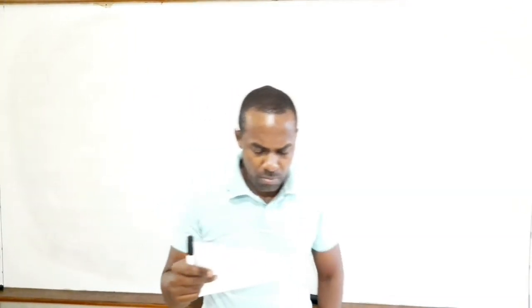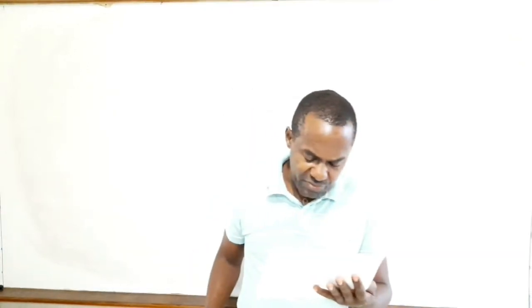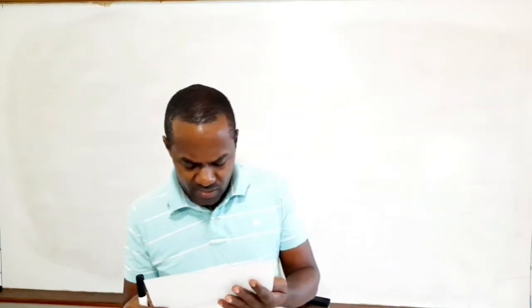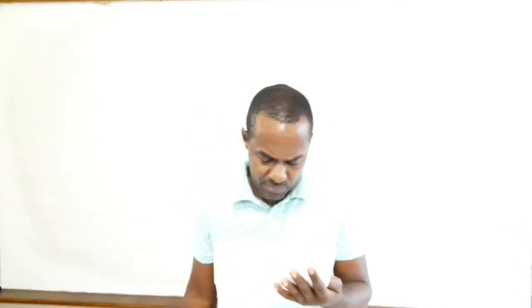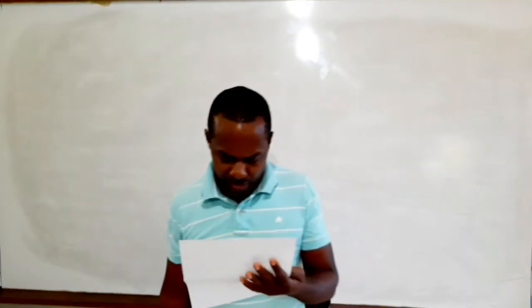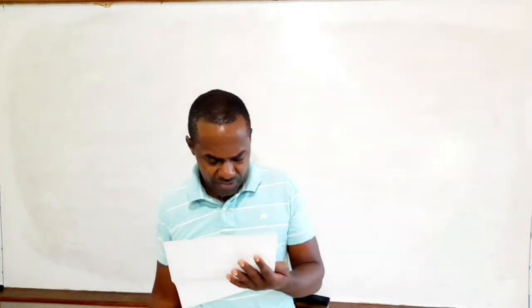So question 9 says, a snooker ball X of mass 0.3 kilograms moving with velocity 5 meters per second hits a stationary ball Y of mass 0.4 kilograms. Y moves off with a velocity of 2 meters per second at 30 degrees to the initial direction of X. Find the velocity V of X and its direction after hitting Y.